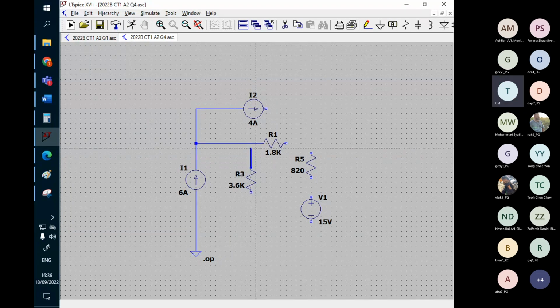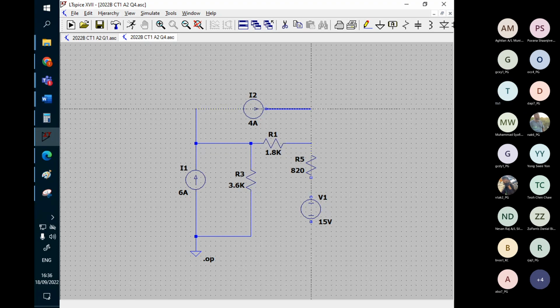Then this. And I think you can do it just like that without any problem. Here, another one. So this will be our VR point. Later we want to find out the voltage here.